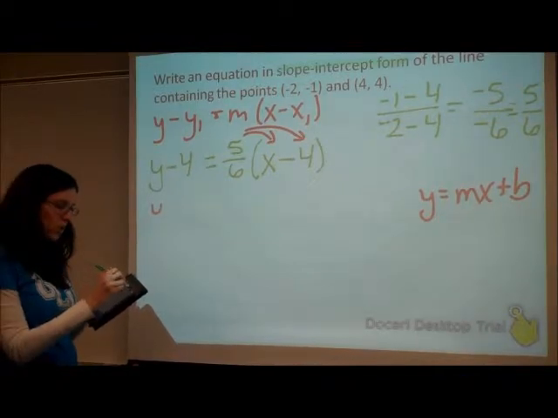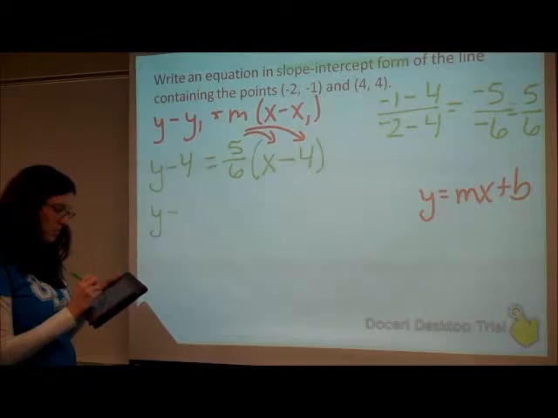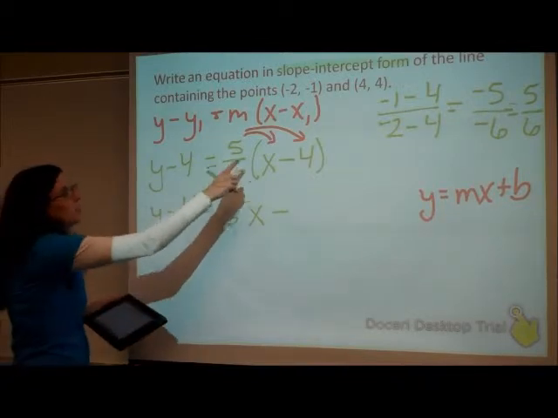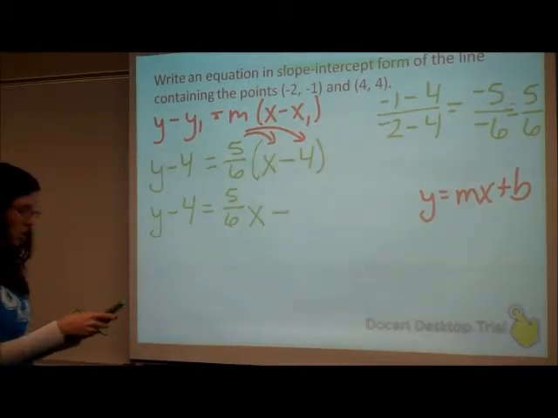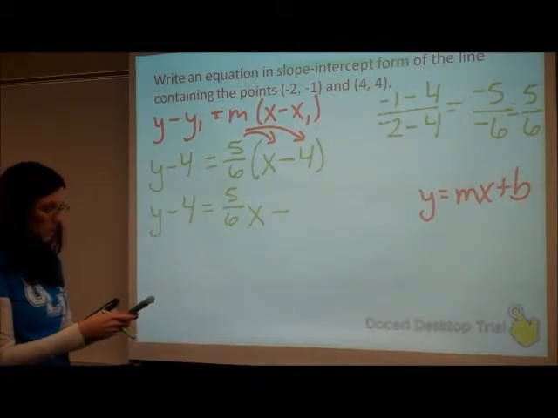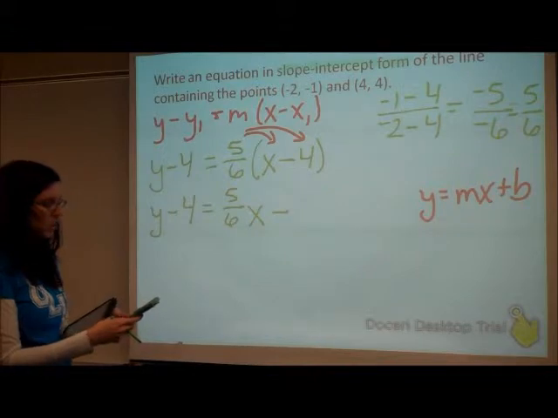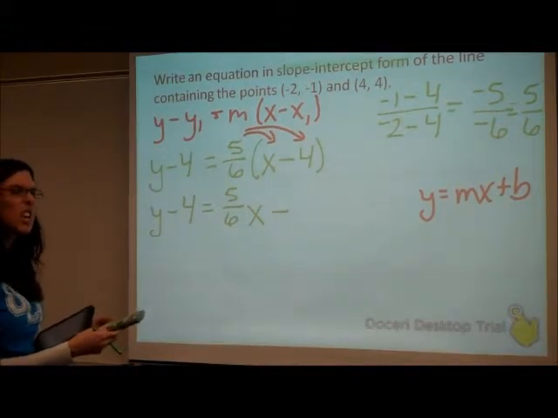So that will give us y minus 4 would equal 5/6x minus 5/6 times 4, which would be 20 over 6, which is 3 1/3.